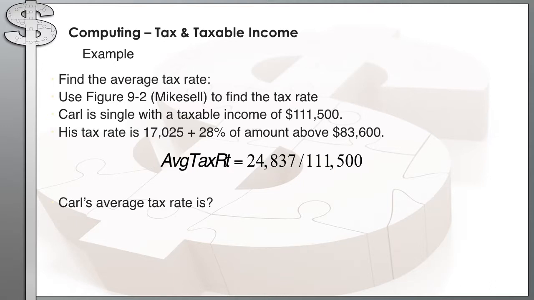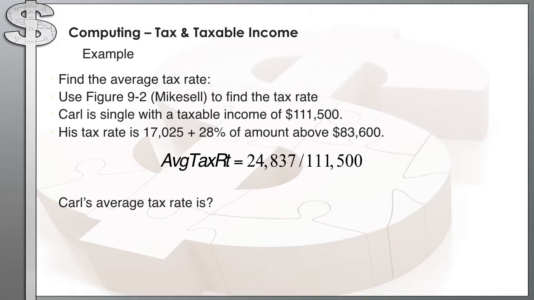Now another example says to figure out his average tax rate. A moment ago, I told you that your tax rate changes across the spectrum of your income. So we have to come up with an average tax rate across your whole income.